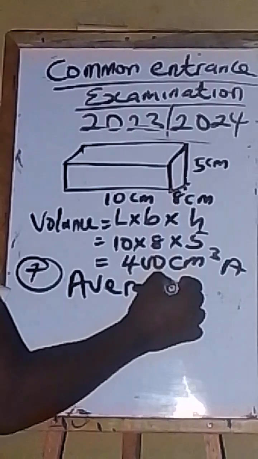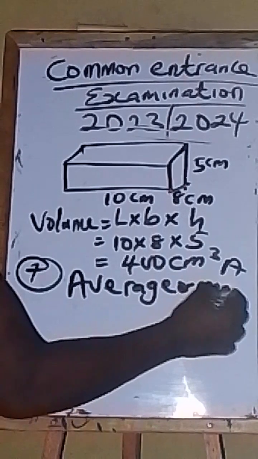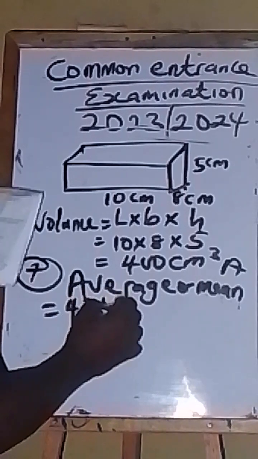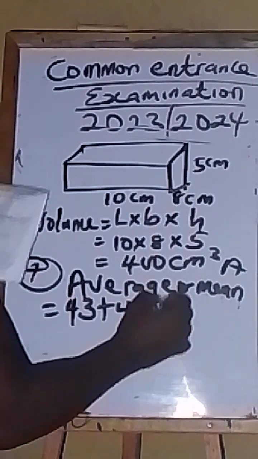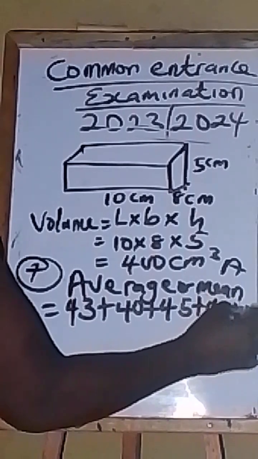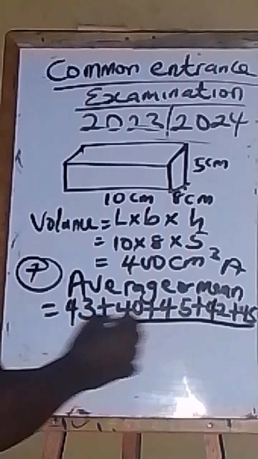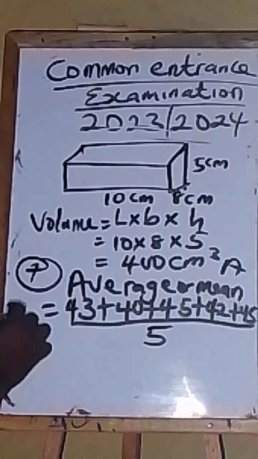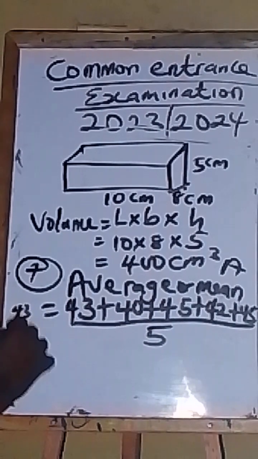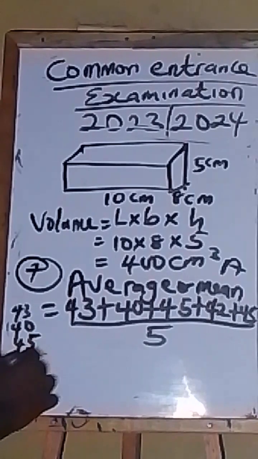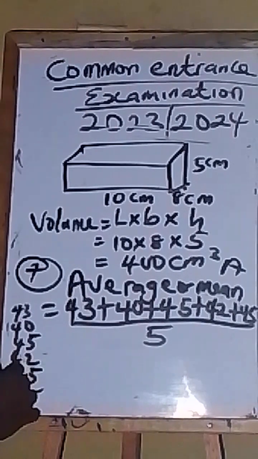So you add up and divide it. 43 plus 40 plus 45 plus 42 plus 45. Everything 1, 2, 3, 4, 5 divided by 5.